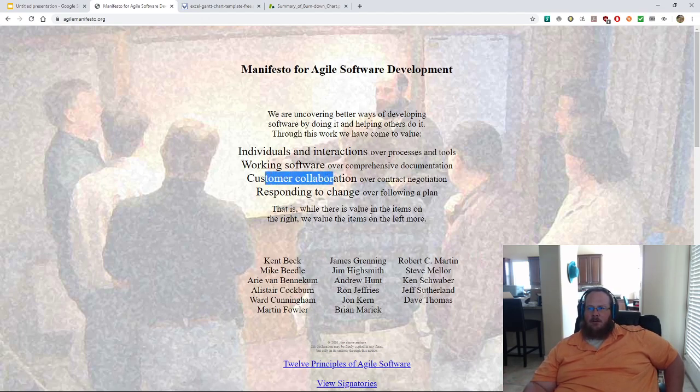Customer collaboration over contract negotiation. So they're saying here that they don't want the contracts themselves to be outside of the process of development, which means they want to be directly involved with customer decision making.